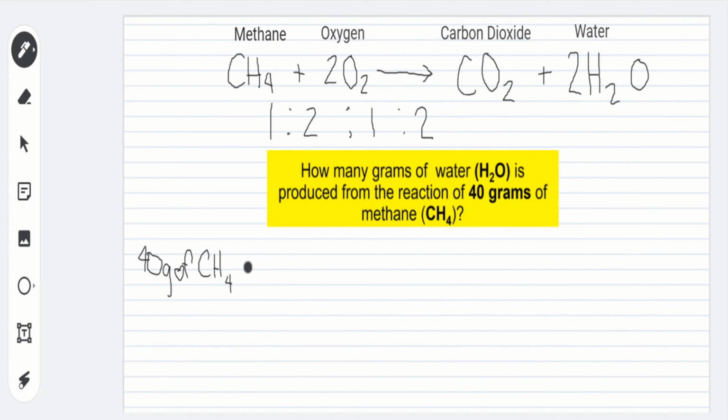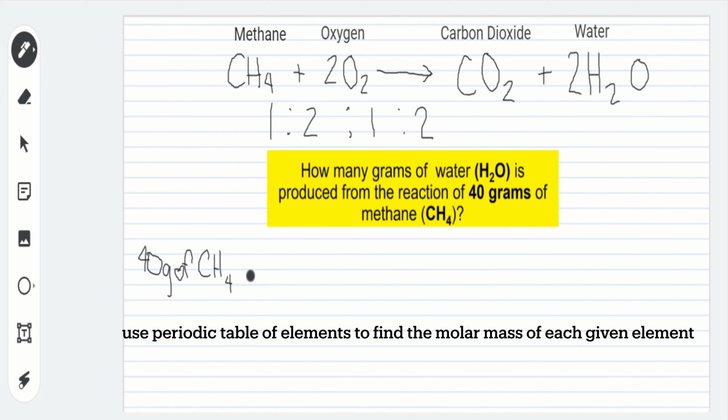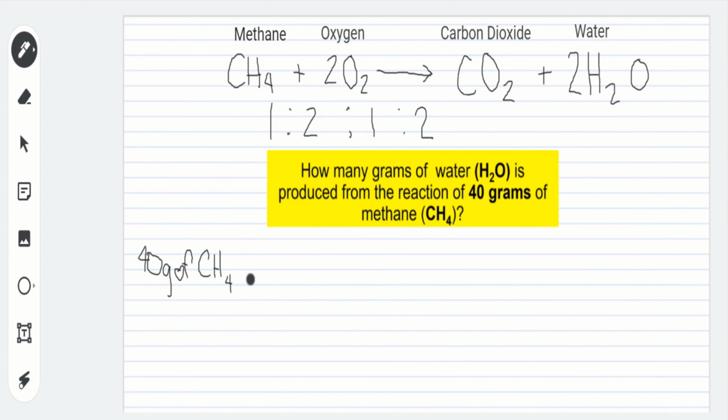Now, to calculate the molar mass of a compound or a substance or an element, pwede tayong gumamit ng periodic table of element kung di tayo masyadong familiar sa molar mass of an element. So, we have to multiply first the molar mass of the element doon sa subscript, and then we get the sum of it. So, papakita ko sa inyo.